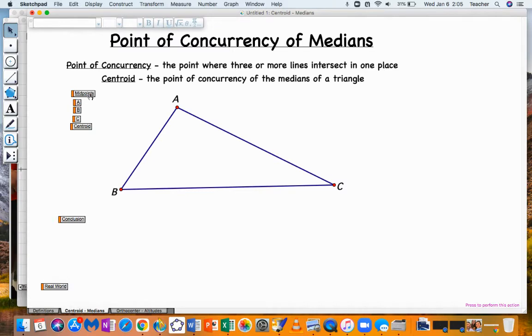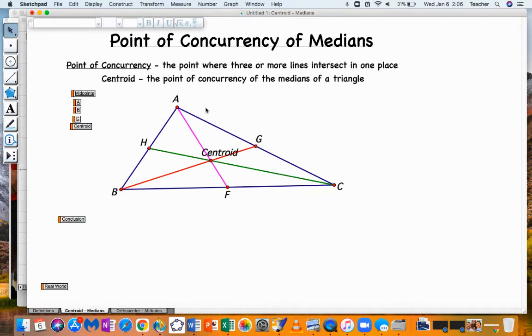For example, let's go ahead and do this one. These are the midpoints of those segments. If we do like the previous slide and construct the medians, there's going to be A to F, B to C, and C to H. This point right here is where the three medians meet, and that is called the centroid.